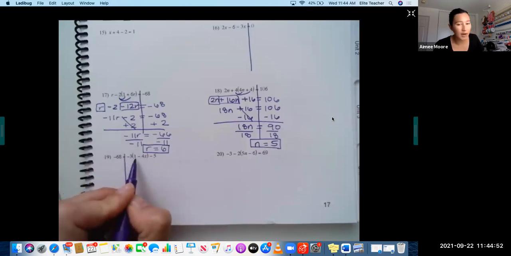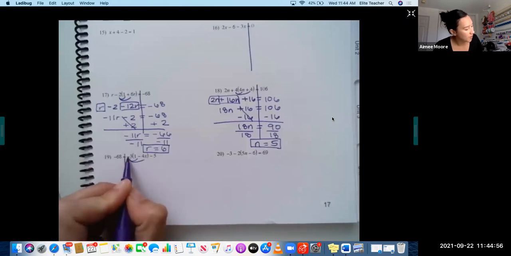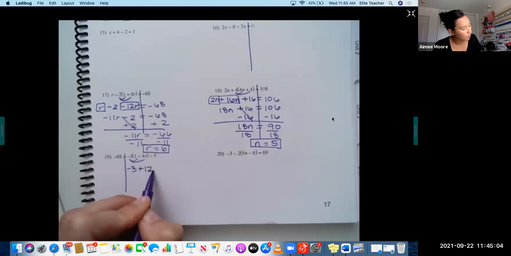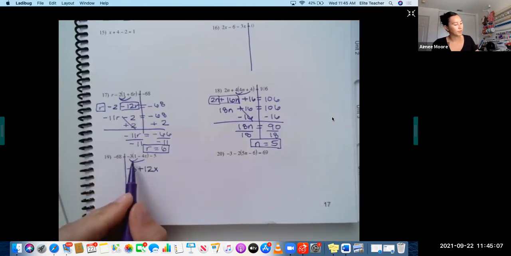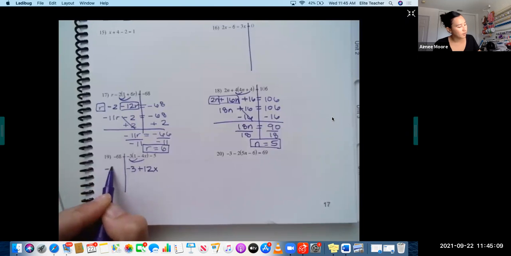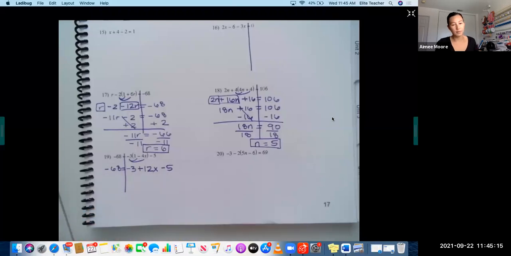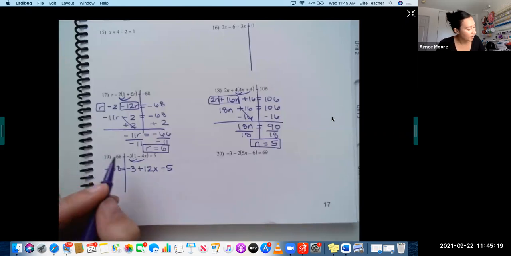So first, again, we have to do our parentheses. So we distribute -3 times 1, which is -3. -3 times -4x is positive 12x. Then we just bring everything else down. So -68 equals -3 plus 12x minus 5. Now we need to combine our like terms.